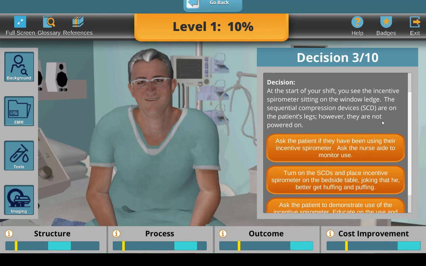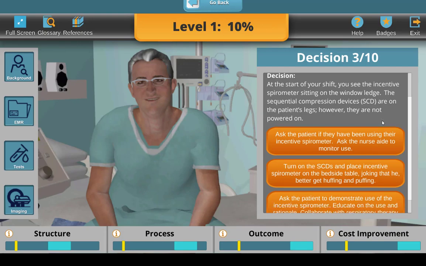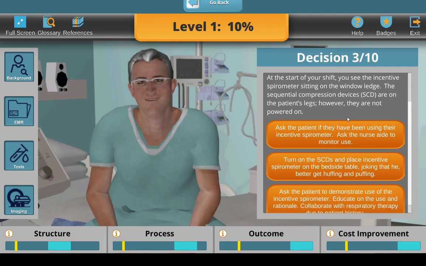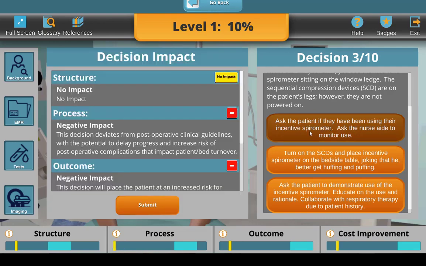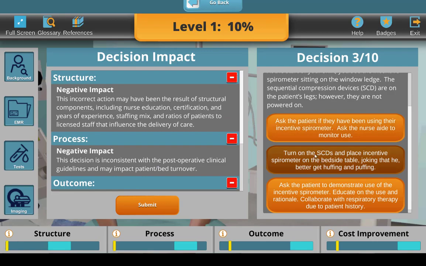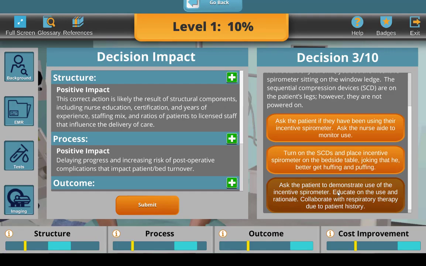Okay. So Arnold now, I'm on shift, and I notice that his spirometer is sitting in the window ledge. However, it's not powered on, so we need to ask the patient if they've been using their spirometer, or just go over and turn on the device, joking that he better get huffing and puffing, or ask the patient to demonstrate use of the spirometer, educate on the use rationale, and collaborate with the RT due to patient history.